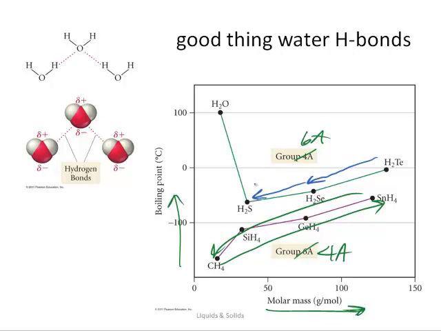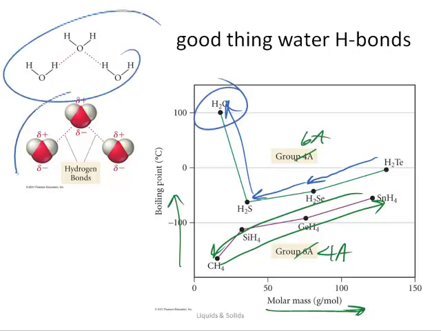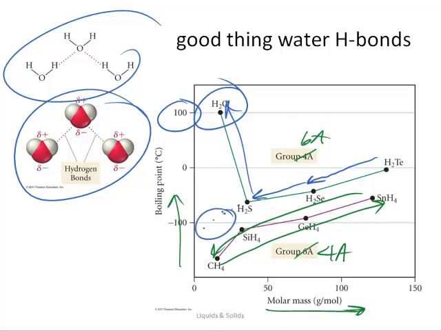But then water, because it hydrogen bonds, has an immensely greater intermolecular force connection to its neighboring molecules and raises its boiling point to 100 degrees Celsius. If they didn't hydrogen bond and we took this trend through, water would not be a liquid at room temperature. It would have a boiling point around negative 100. So liquid water wouldn't be present here on Earth.